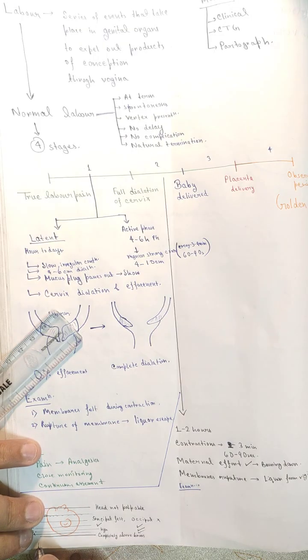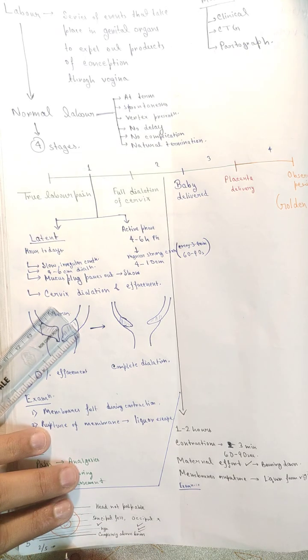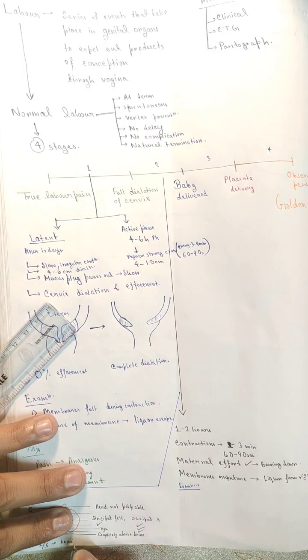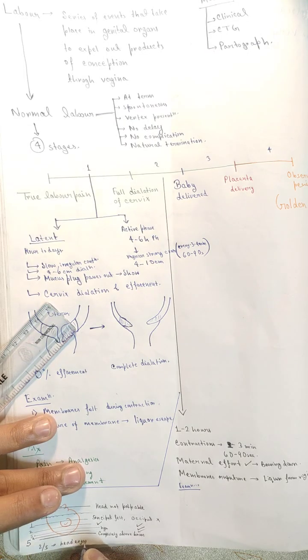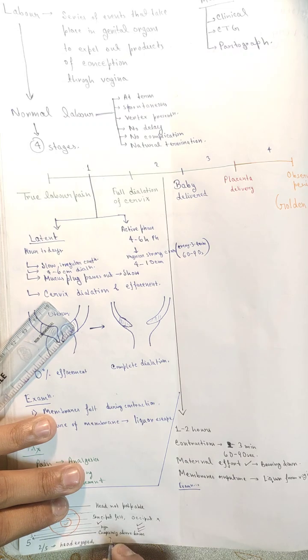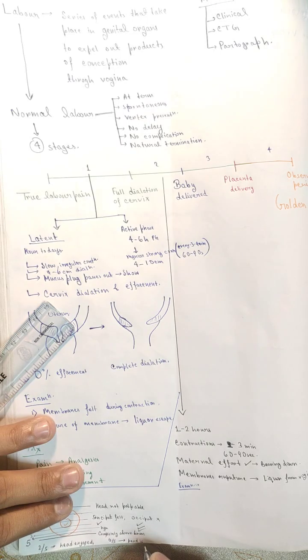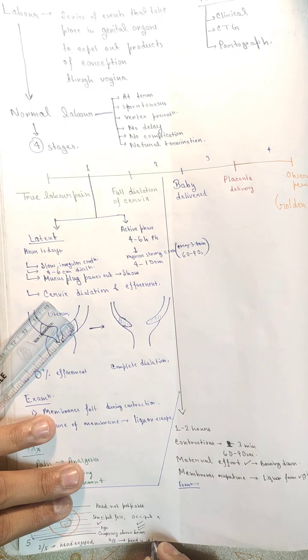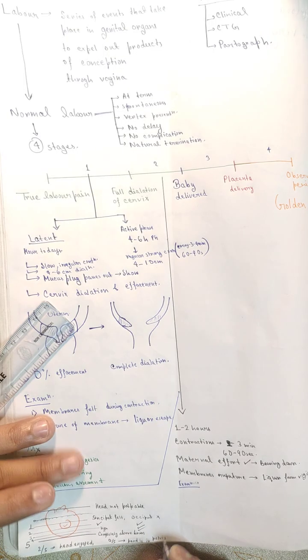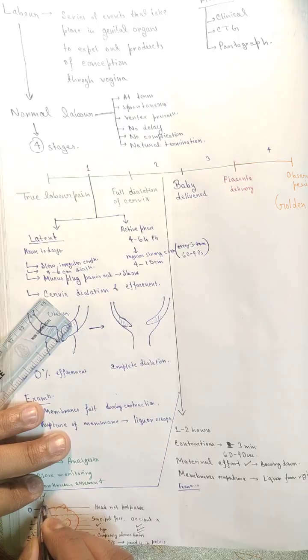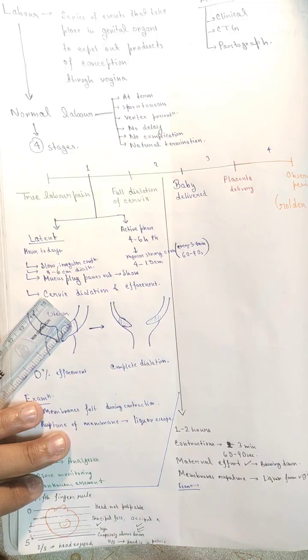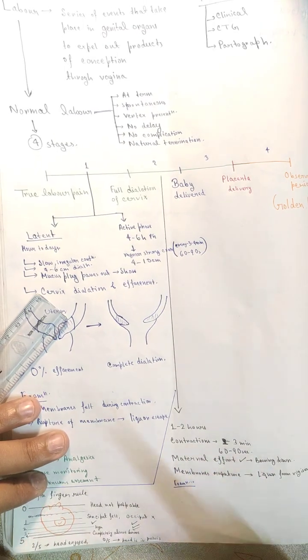When it is 2/5, it means head engaged. When it is 0/5, it means head is in pelvis. Okay, this is fifth finger rule. The other one is station.